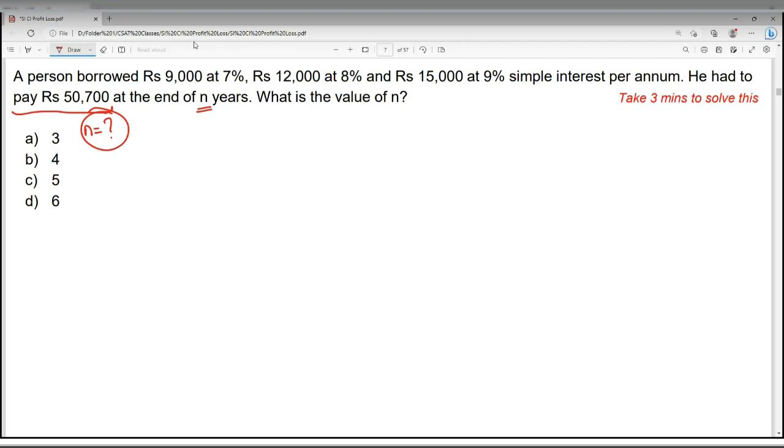How much money has he borrowed? 9,000 plus 12,000 plus 15,000. So the total borrowed amount is 9, 12 and 15, 21 plus 15, 36,000 rupees. 36,000 was the borrowed amount.